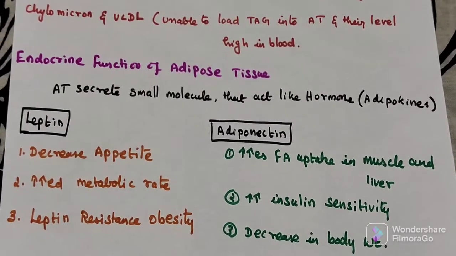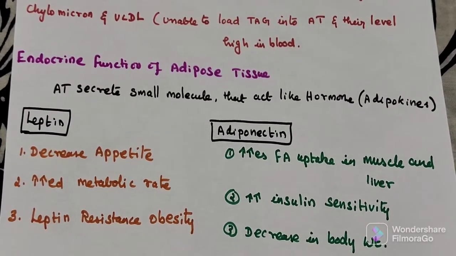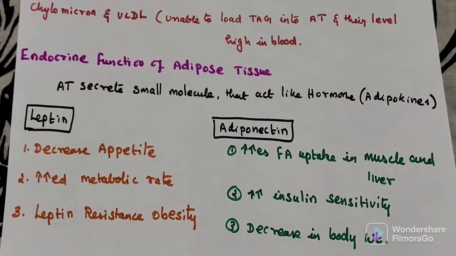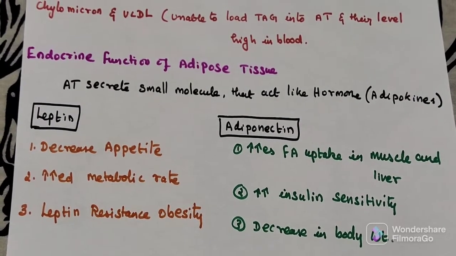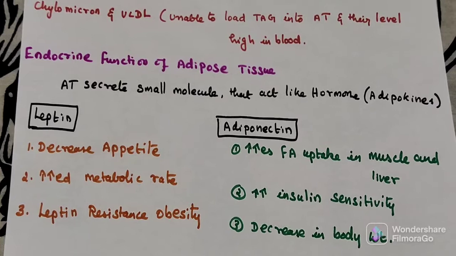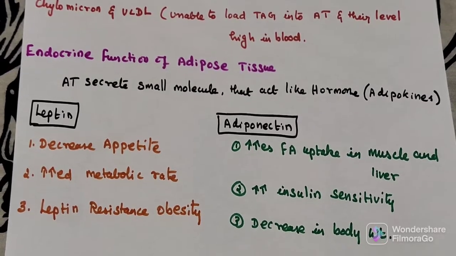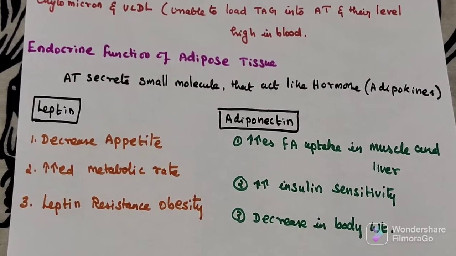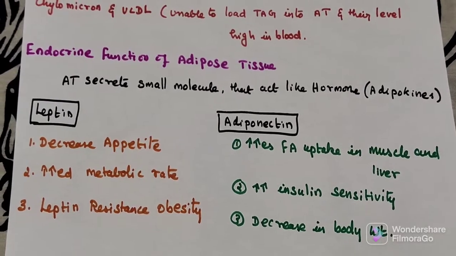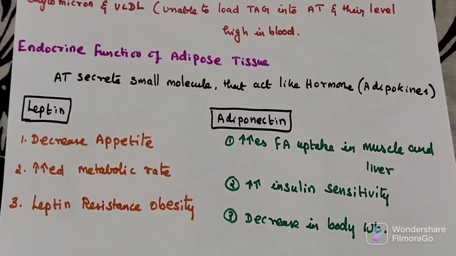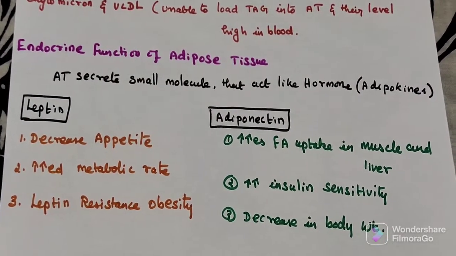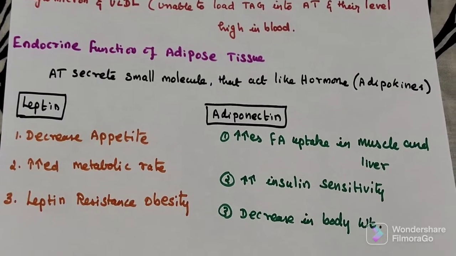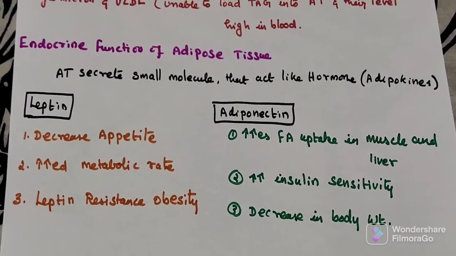Leptin has been seen to decrease appetite. It increases the metabolic rate of the body, and resistance to leptin has been associated with obesity. The second one is adiponectin. It is a polypeptide that increases fatty acid uptake in muscles and liver.